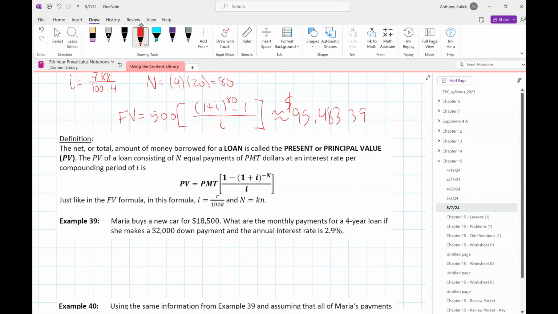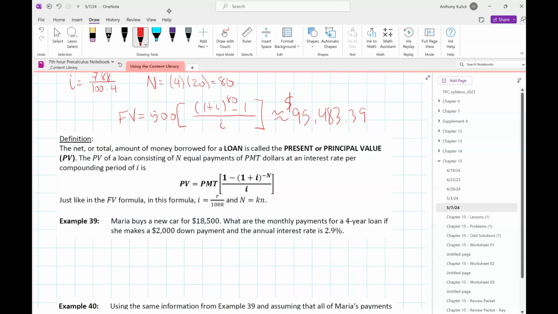Maria buys a new car for $18,500. What are the monthly payments for a 4-year loan if she makes a $2,000 down payment and an annual interest rate of 2.9%? What word in this problem tells us the formula that we're going to be using?